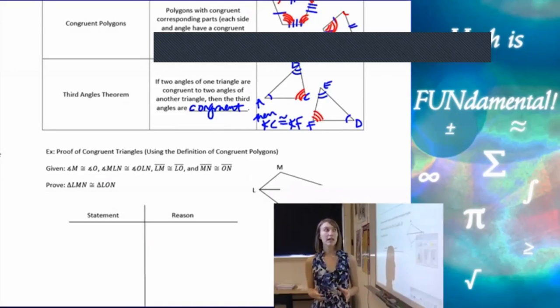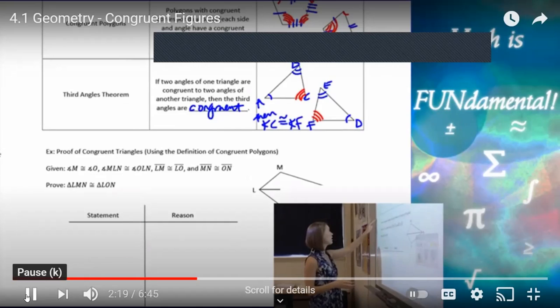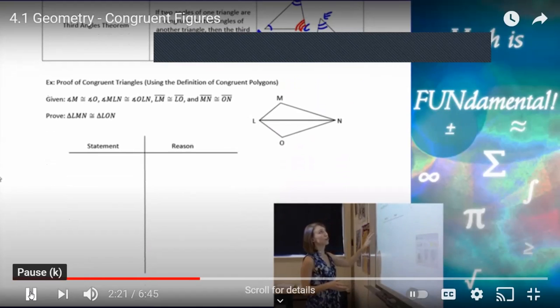All right, so let's use what we know about triangles. After you understand the definition of the congruent polygon, you can use that definition to prove that this triangle is congruent with this triangle.